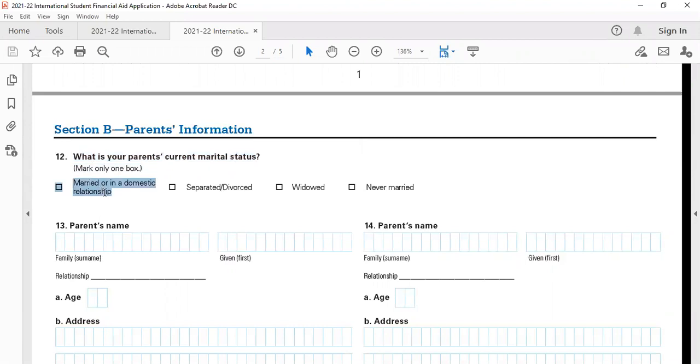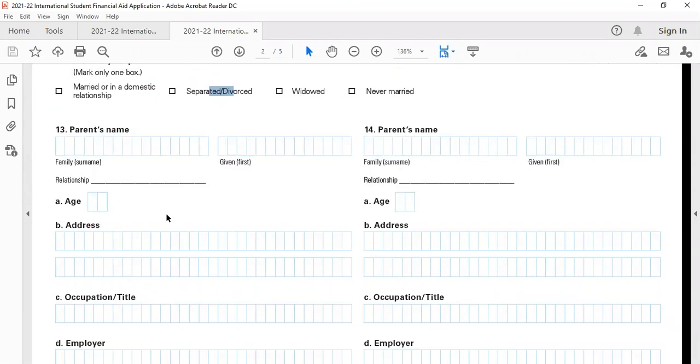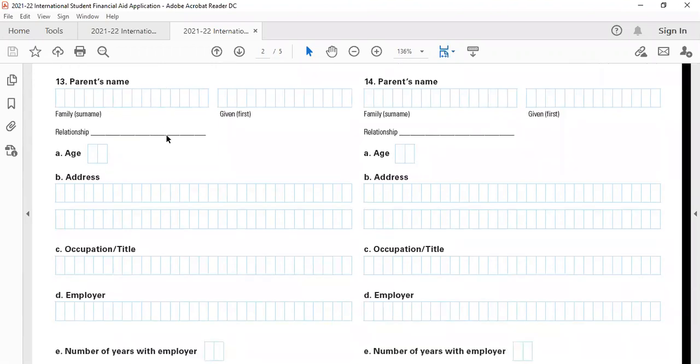So you need to mention whether your parents are married or they are separated or divorced or whatever their current status is. Then you need to enter your father's detail in question number 13 and your mother's detail in question number 14, or you can make it vice versa. You can enter your mother's detail first and your father's detail second. It doesn't make a difference.